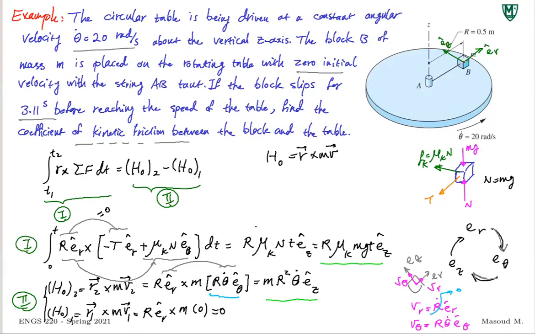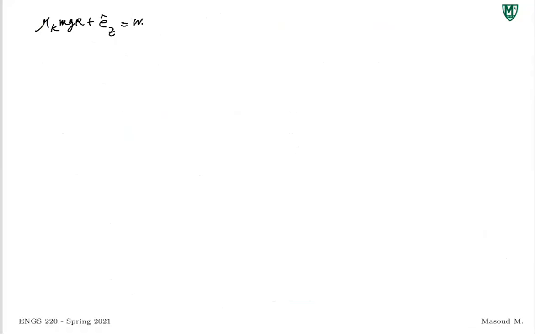EZ is equal to m R squared, remember, theta dot EZ. Right, both of them are in Z direction, which it should be, otherwise we would have had a problem here. M and M can be canceled from both sides.